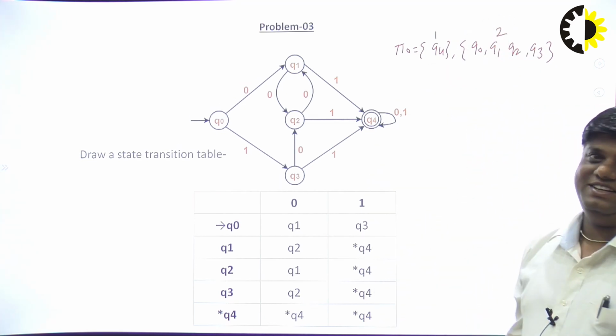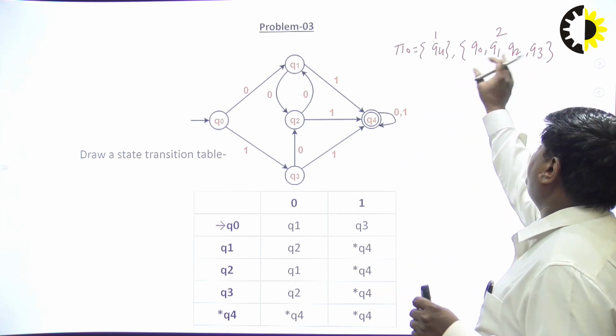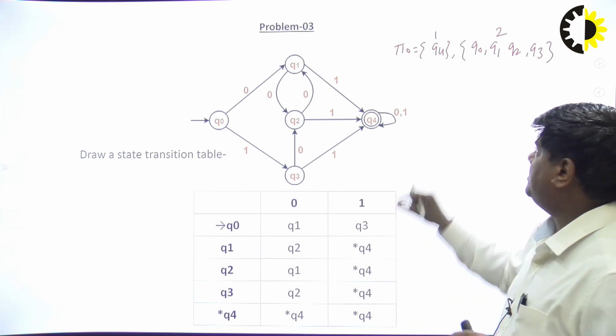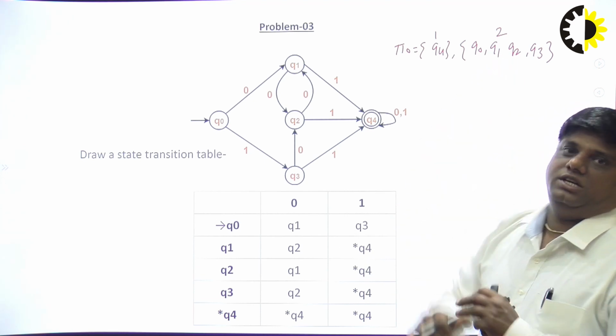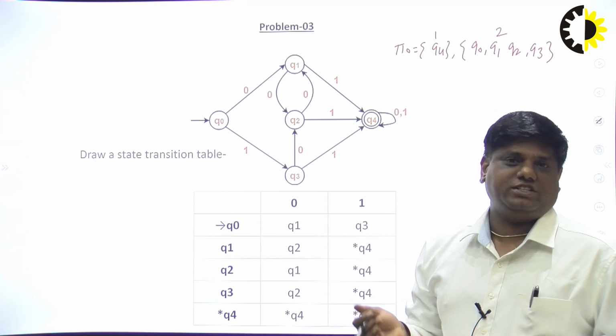Now, what is the next step? We check the transition function of these states. If these states have the same transition function, then they lie in the same set. If they have a different transition function, then they lie in a different set.